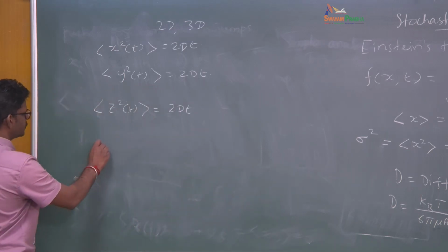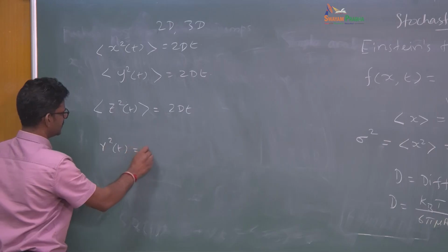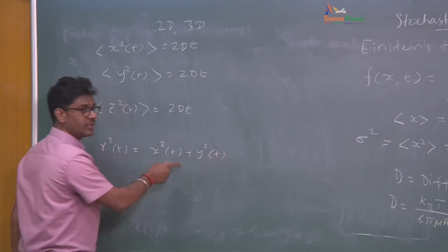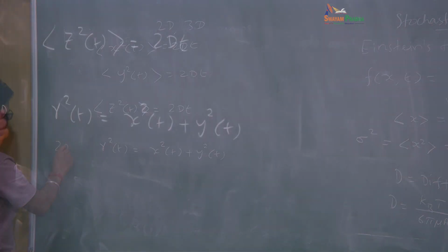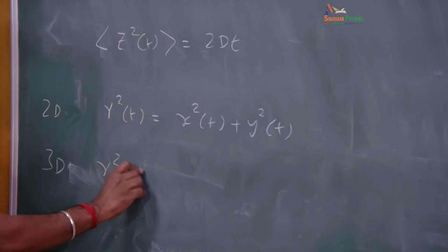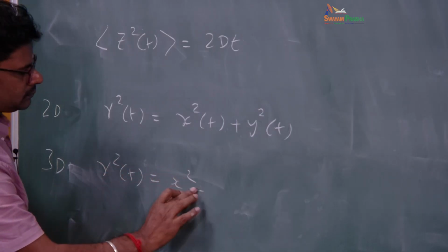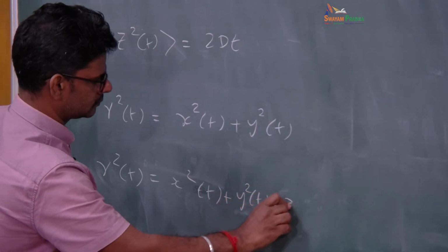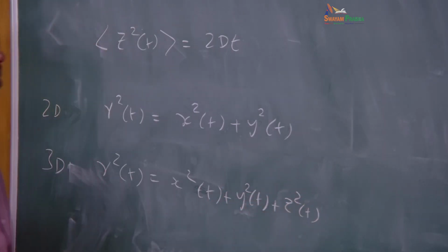Now, when I look at the 2-dimensional random walk, I have to write the mean square displacement r squared as x squared of t plus y squared of t in 2 dimensions. In 3D, this would be like this.